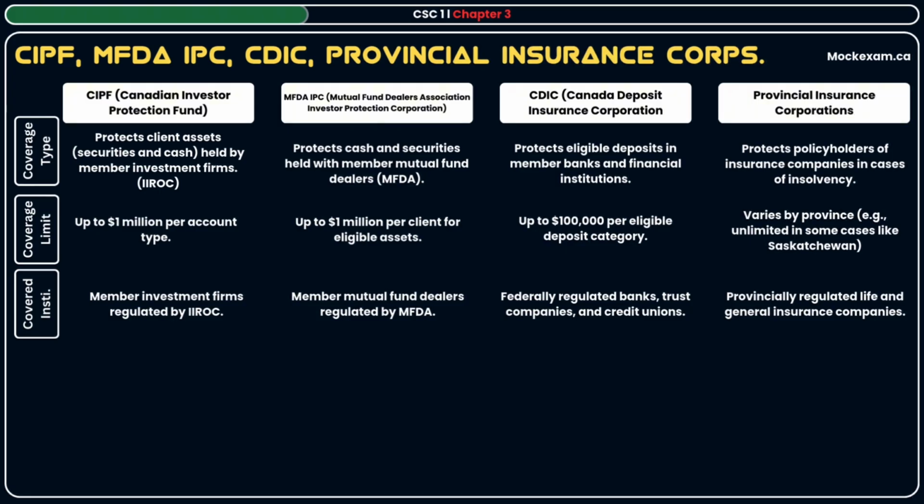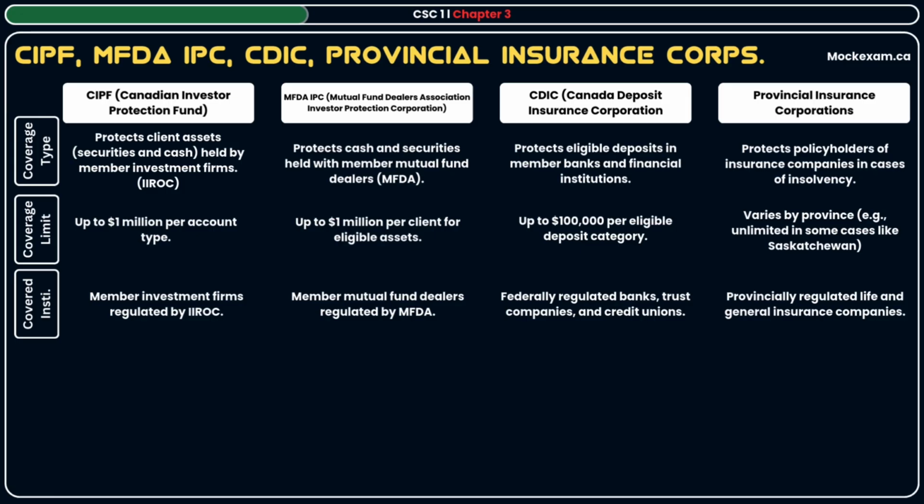With this row, I mean that if a financial institution is part of, for example, IIROC, the CIPF will take care in case of insolvency. If that financial institution is part of MFDA, the MFDA IPC will take care instead.